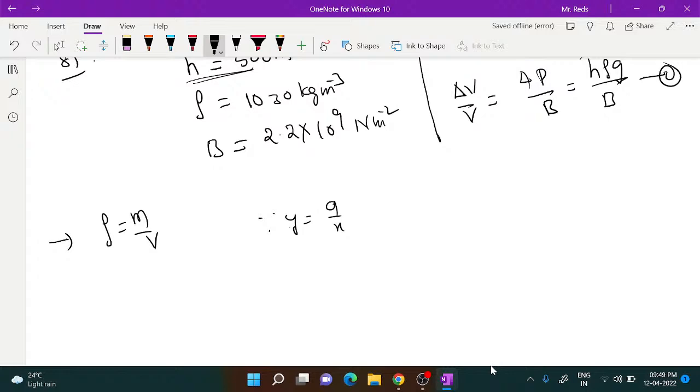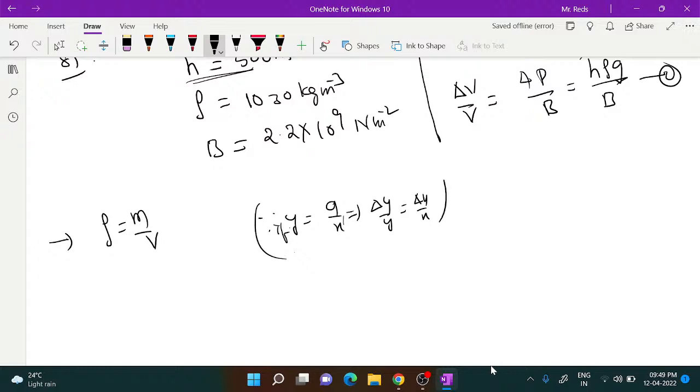If they are a product or division, the sum of the fractional errors in the product or division is equal to the fractional error in the left hand side of the equation. So if y equal to a by x, then delta y by y is equal to delta x by x. If y is equal to x into z, then delta x by x plus delta z by z.